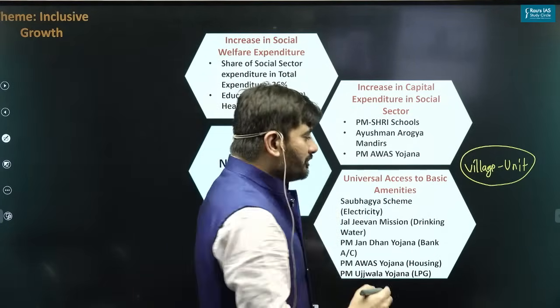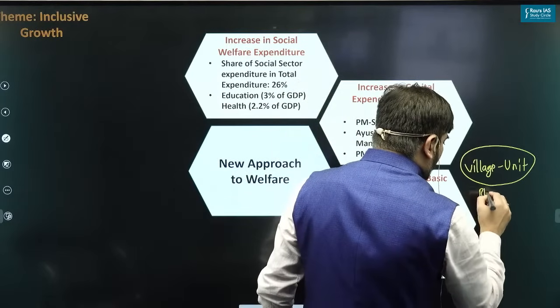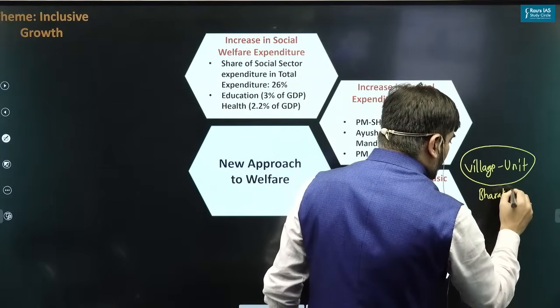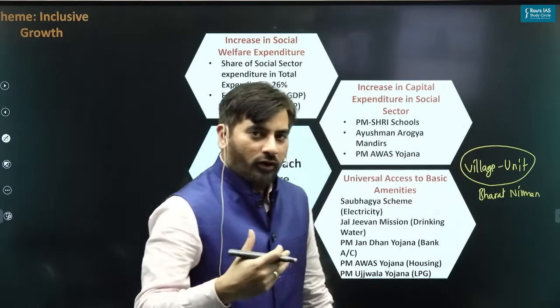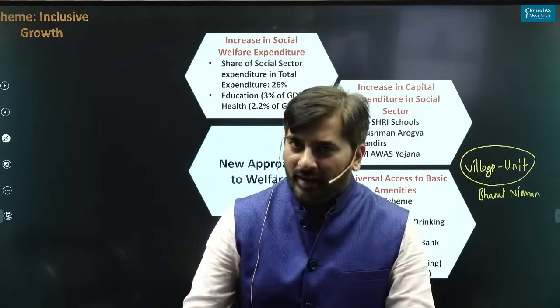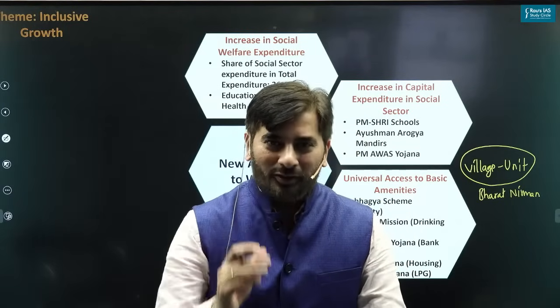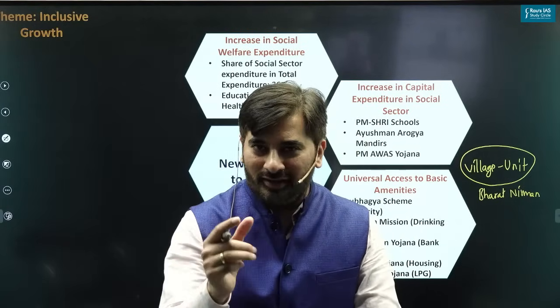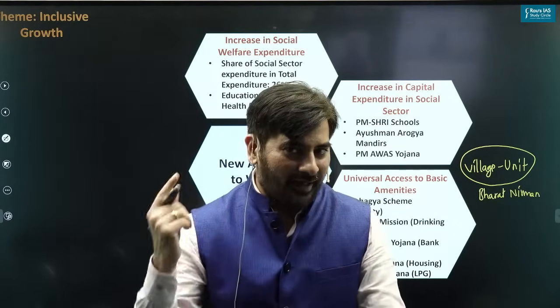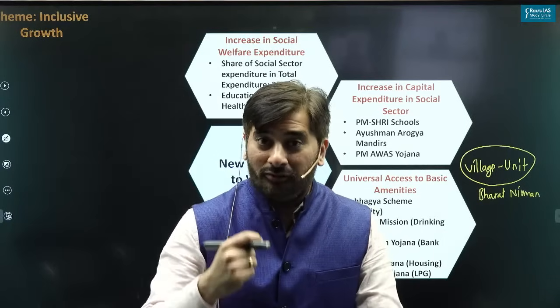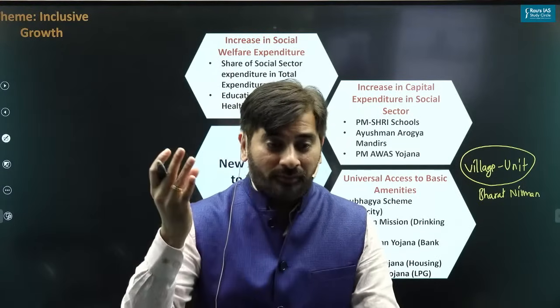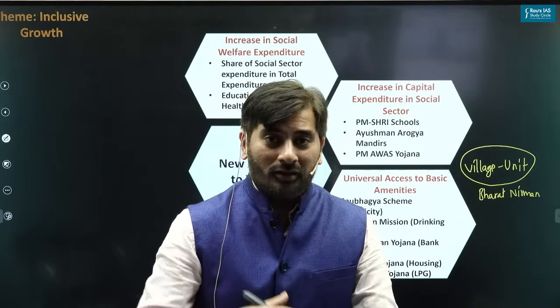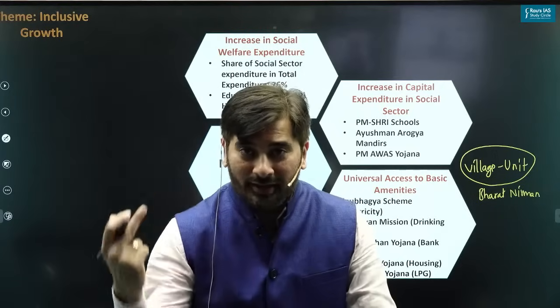Take for example, earlier we used to implement a scheme called as Bharat Nirman. Bharat Nirman used to focus on number of things like construction of rural roads, provision of drinking water facilities to the entire village, provision of electricity to the entire village. So construction of roads, electricity, drinking water, telecom communication to the entire village.